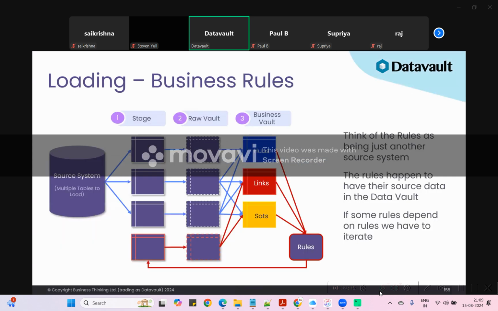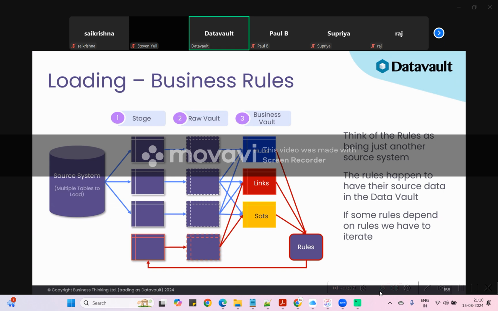So this is kind of how that works. We had our stage data, we extended that with view, we loaded the hubs, links and satellites. We're now going to use the rules utility or write our own rules in SQL and basically generate a new stage table as an output from the rule and load that back into the same vault that we had for building out the data vault itself.